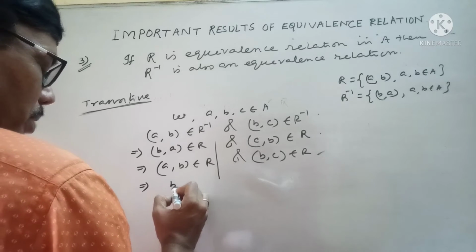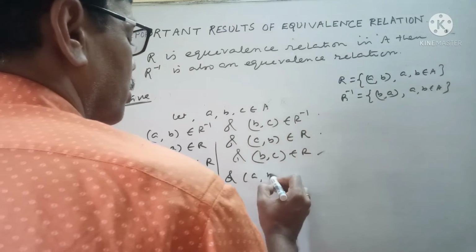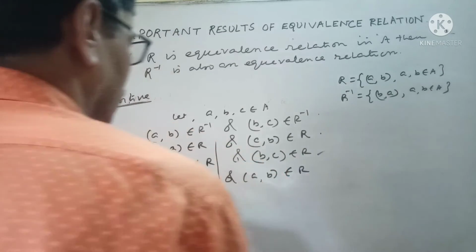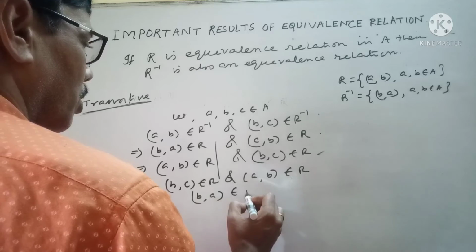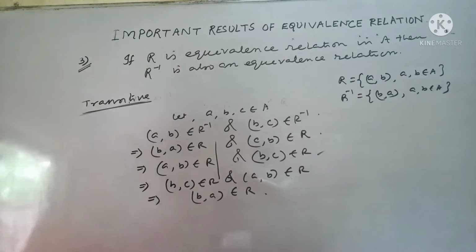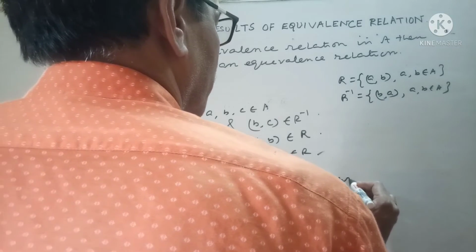Now BC belongs to R and AB belongs to R implies BA belongs to R. R is transitive.